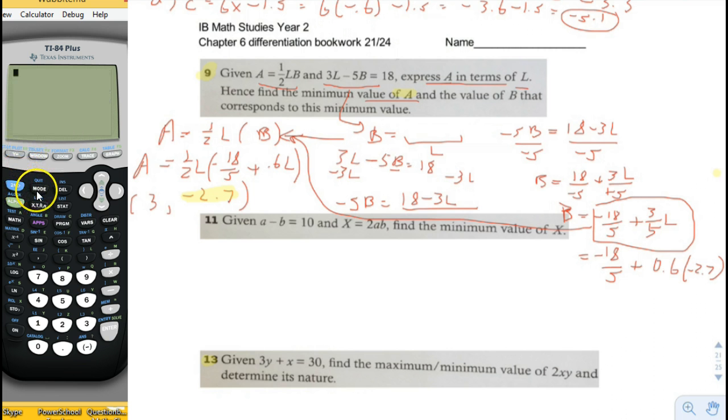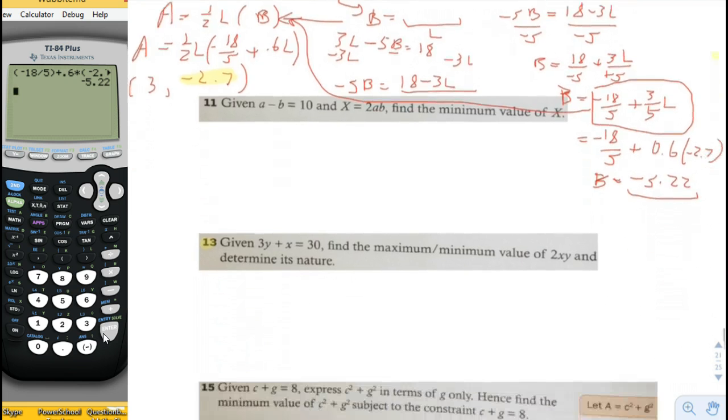I can put negative 18/5, and then I'm going to add 0.6 times negative 2.7. And my answer is negative 5.22. Okay, so that's B that corresponds to the minimum point.